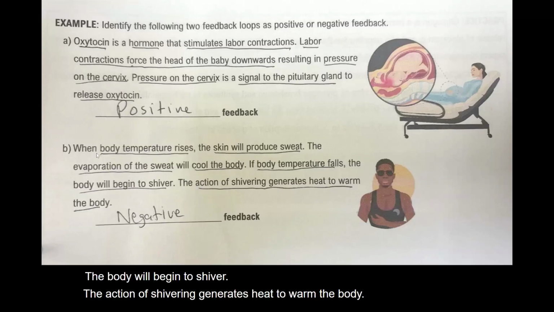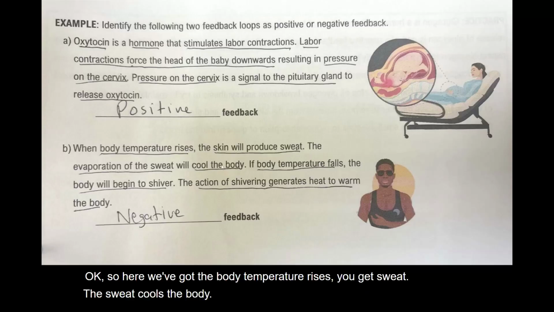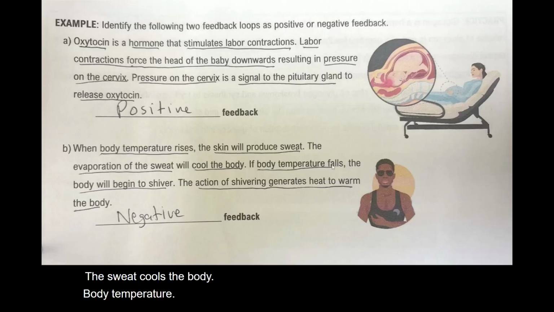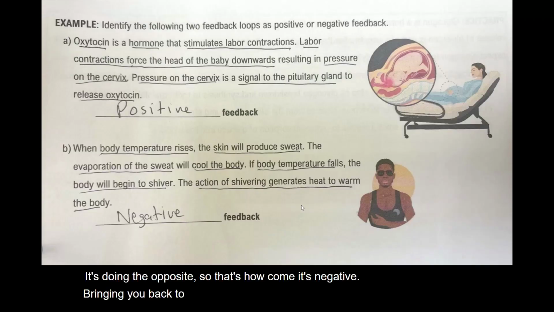Okay, so here we've got the body temperature rises, you get sweat, the sweat cools the body. Body temperature falls, you start to shiver and shake, it generates warmth. So this one, it's doing the opposite. So that's how come it's negative, bringing you back to the set point.